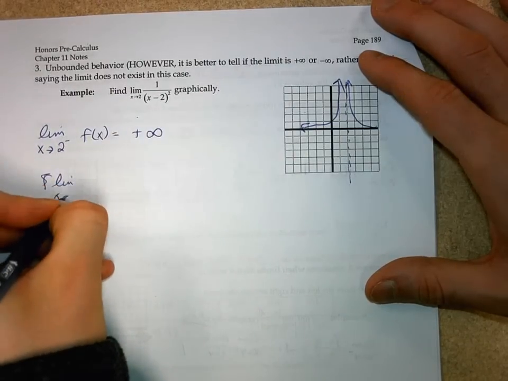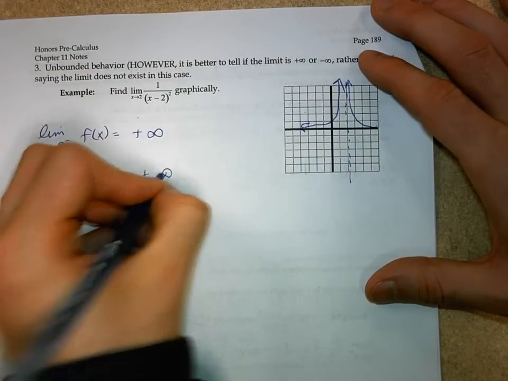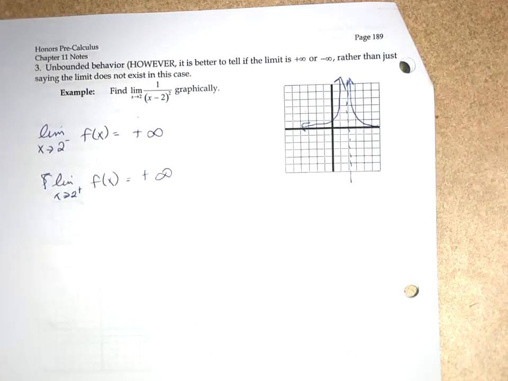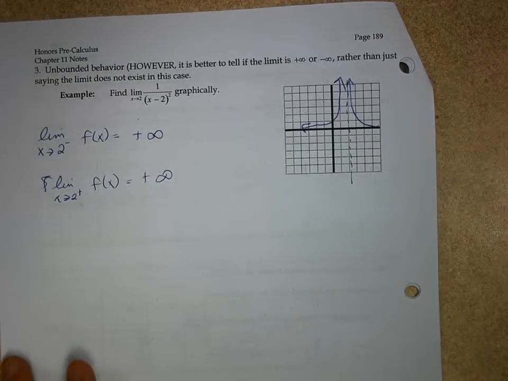And then the limit as x approaches 2 from the right of f of x is also positive infinity. But unbounded behavior itself does not have a limit. You're not going to a specific output value. Your output value is always changing. It's just going off to infinity forever.